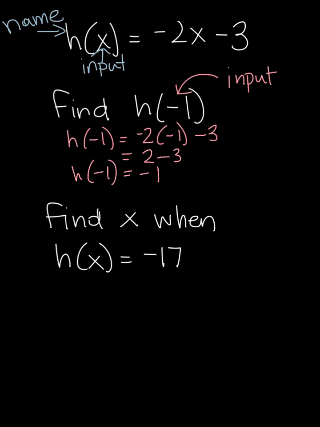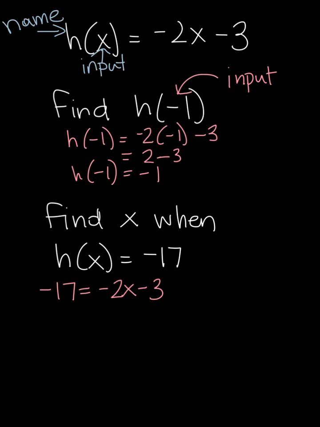Okay, and if you're finding x, remember you can't plug in for x or else you can't find it. It's gone. So when the answer is equal to -17, we put -17 in for h of x. So our function equals the answer we're looking for, -17, and then we work our way backwards to find x.